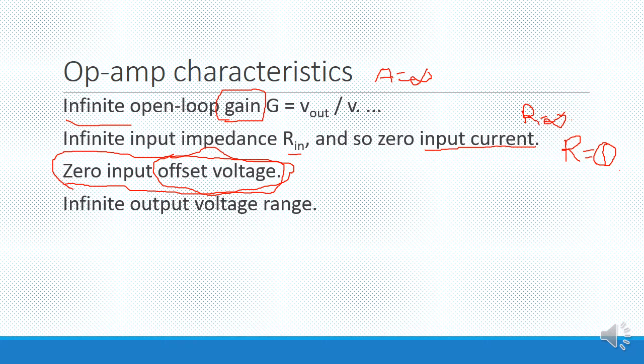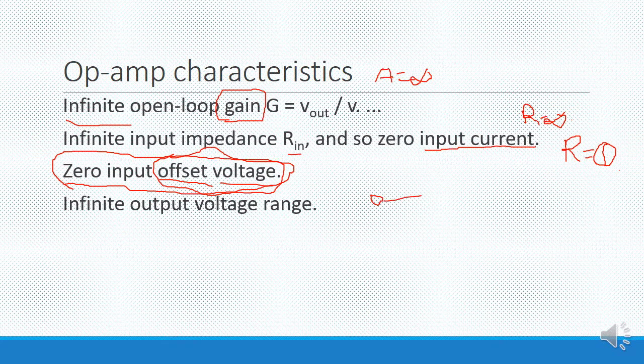Is everyone with me? It is the voltage that must be applied between the two inputs to null the output voltage.